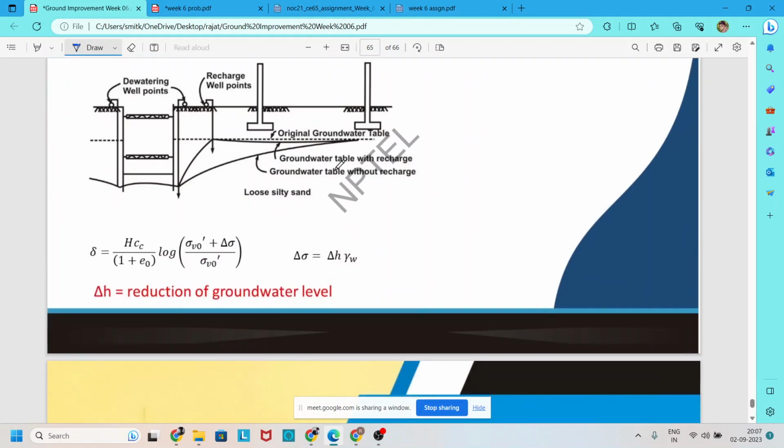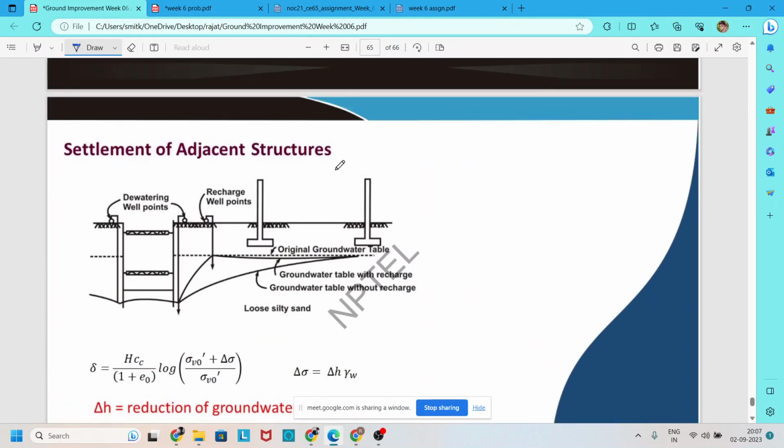The last one in this session is maintaining the stability of the adjacent structure also. To maintain the stability of the adjacent structure, we need to recharge the adjacent soil through some recharge wells, because during our construction we need to reduce our groundwater table.